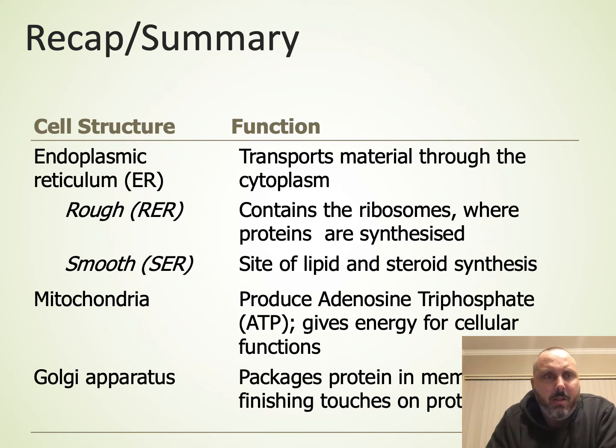Struggling with that word today. So basically rough endoplasmic reticulum, that's where proteins are made. Smooth endoplasmic reticulum, that's where lipids and steroids are made, and the endoplasmic reticulum itself is a transport mechanism that helps move things from there out into the cell.